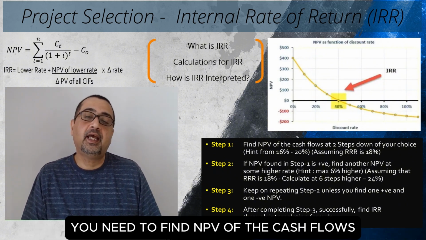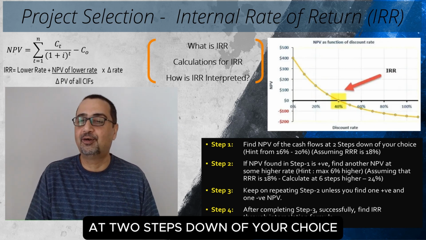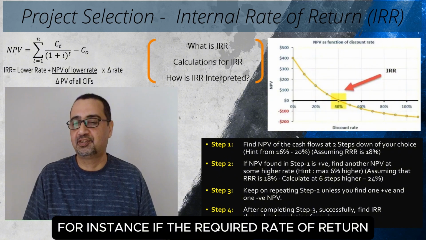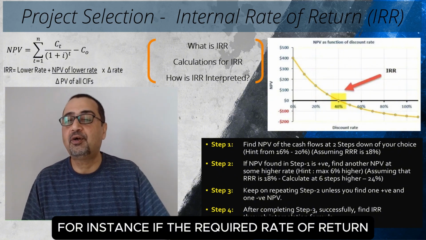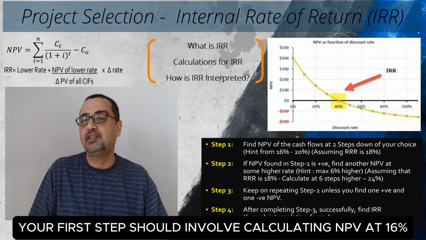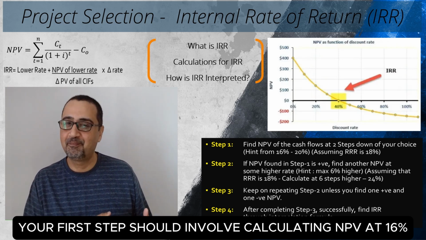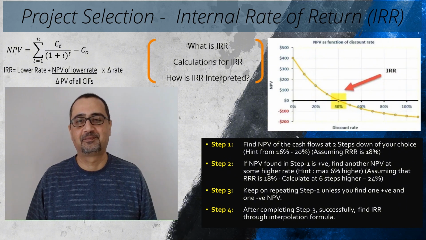Step 1. You need to find the NPV of the cash flows at 2 steps down of your choice. For instance, if the required rate of return mentioned in the question is 18%, your first step should involve calculating NPV at 16% and 20%.